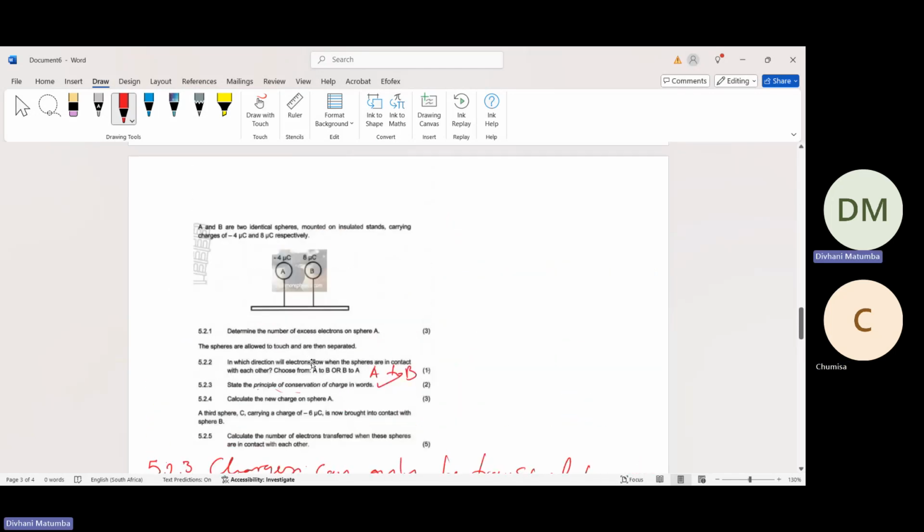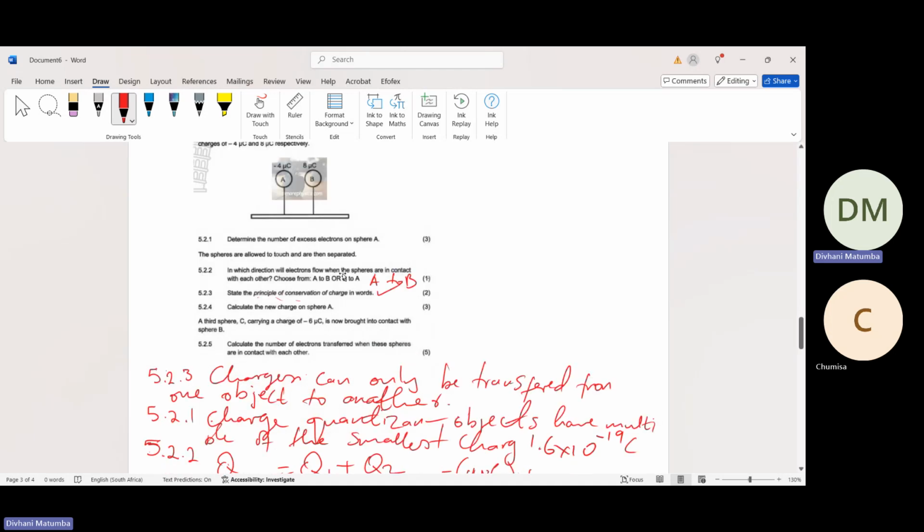It is not 8. I told you after separation, the two charged spheres will contain the same charge. Therefore, if sphere A has 2 microcoulombs, sphere B will have how much? 2 microcoulombs. Exactly. After contact, the two spheres will have the same charge. Let me repeat it once again. After contact, the two spheres will have the same charge.